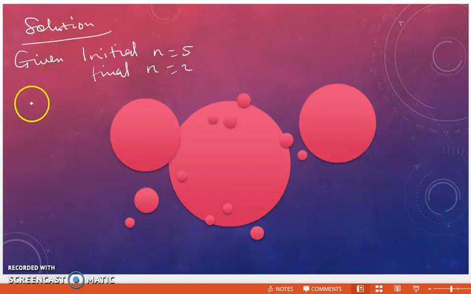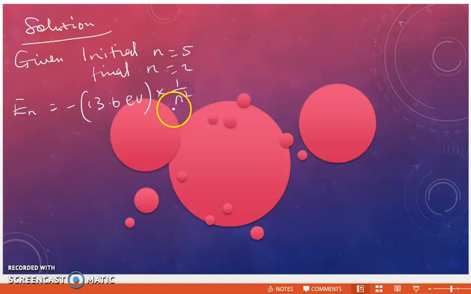Using the formula that we know when we are dealing with calculation of this energy and determining the radiation emitted, we shall use this formula: En is equal to negative 13.6 eV multiplied by 1 divided by n squared. Of course, the initial state n is 5 and the final state is simply 2.